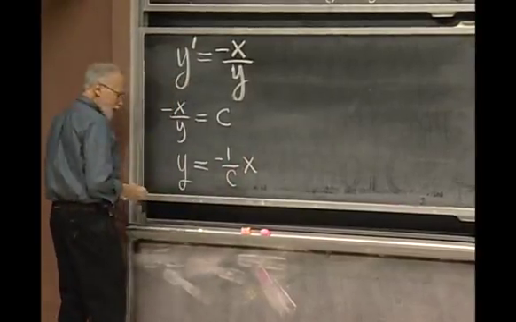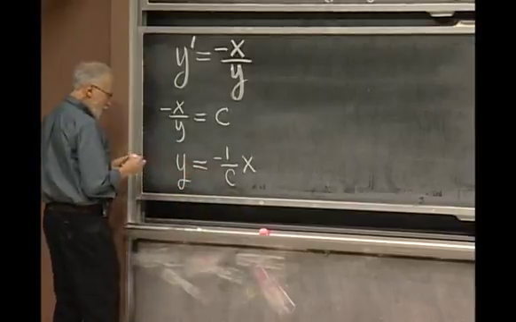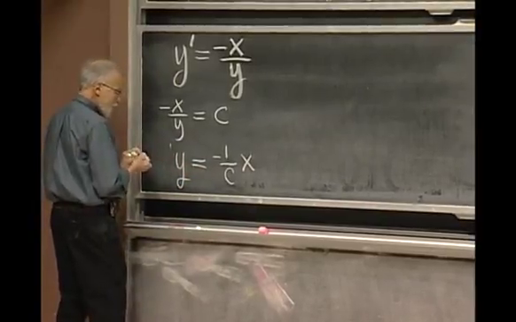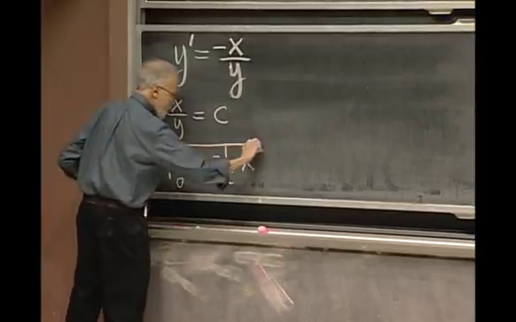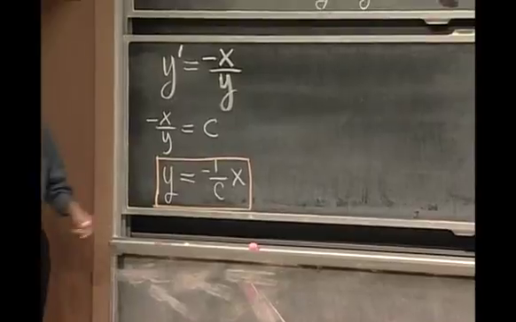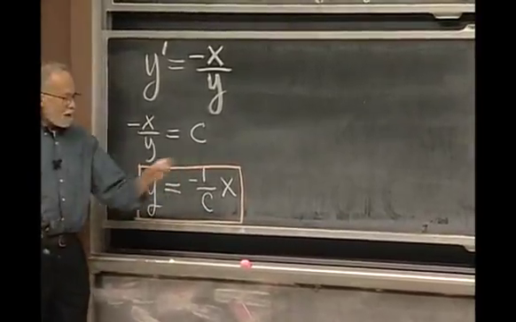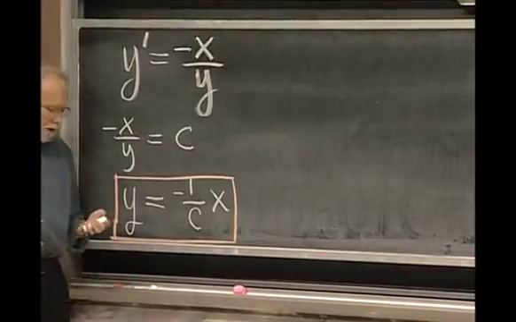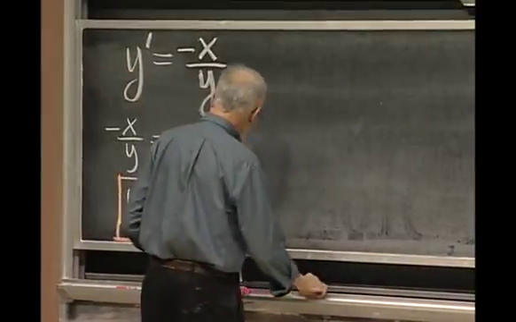So there's our isocline. Why don't I put that up in orange, since that's the color I'll draw it in also. In other words, for different values of c, this thing is a line. It's a line, in fact, through the origin. This looks pretty simple, okay?